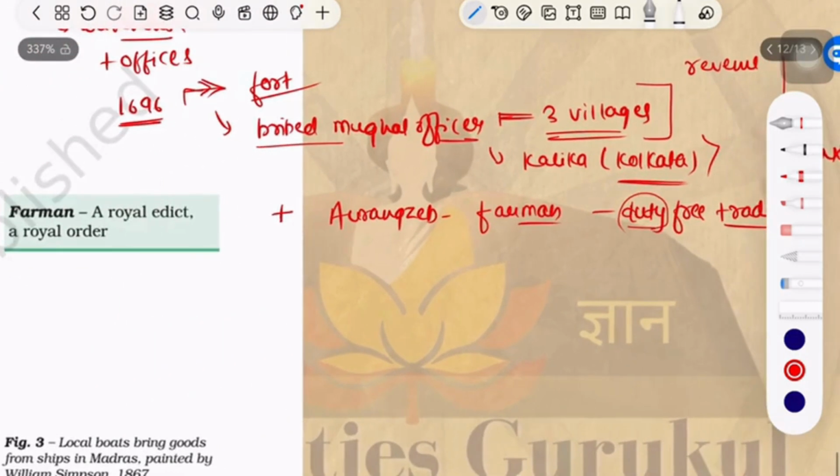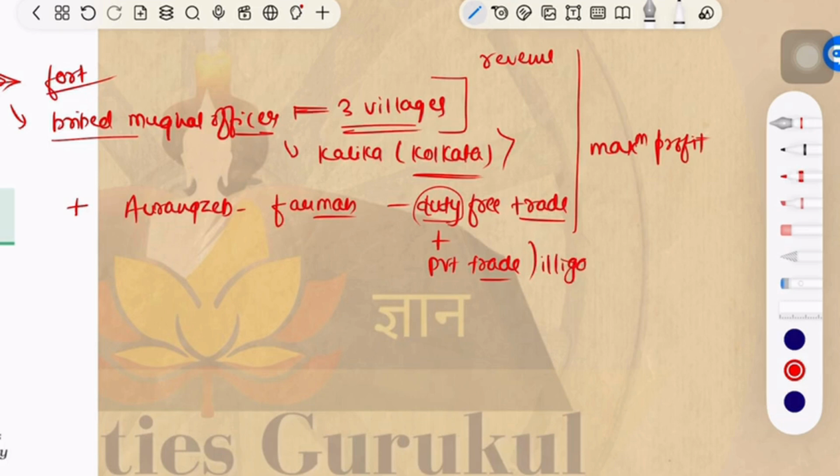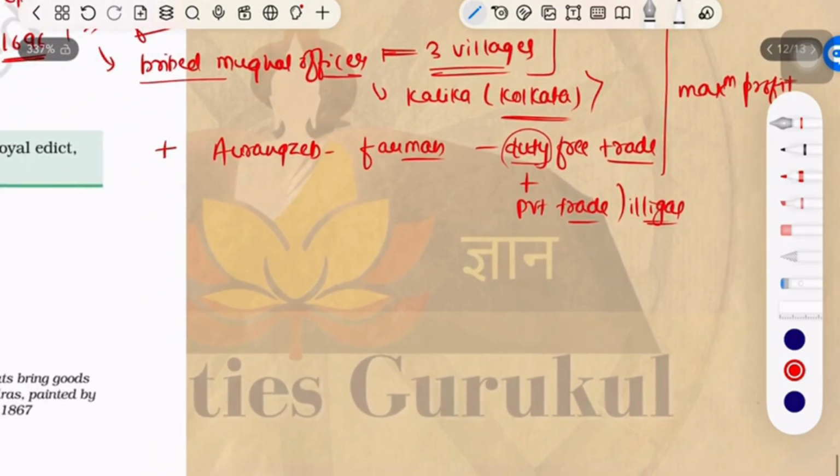And then along with this duty free trade, they were also carrying on private trade, which is somewhat illegal trade. And they were constantly seeking more concessions and manipulated existing privileges.